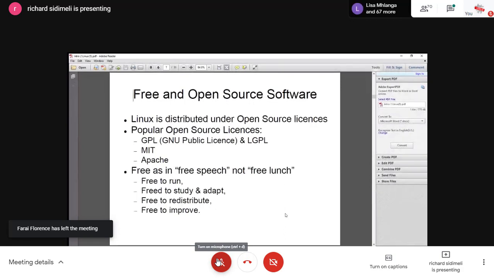All right. Now we're talking about the freedom and openness of the operating system. You realize that Linux is distributed under open source licenses, generally known as the GPL, GNU Public License.